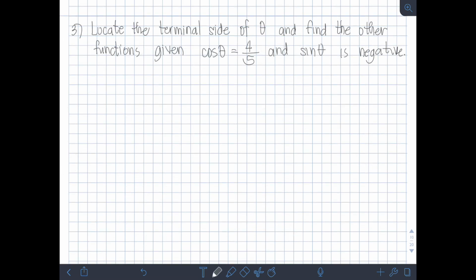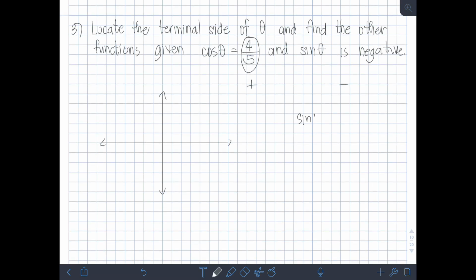Okay? Next, we have locate the terminal side of theta and find the other functions given cosine theta is equal to 4 over 5 and sine theta is negative. So, since yung cosine theta natin is positive, 4/5 kasi siya, tapos yung sine theta is negative, saan quadrant siya maglalay? So, sine theta is y over r, and cosine theta is x over r. So, alam natin na si cos theta is positive, so x natin ay positive, right?